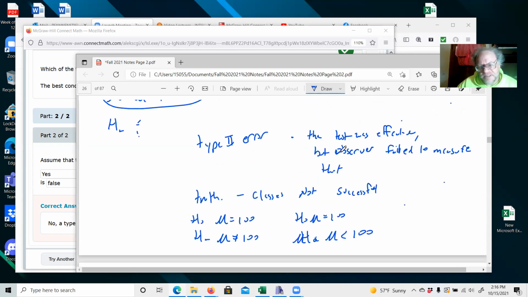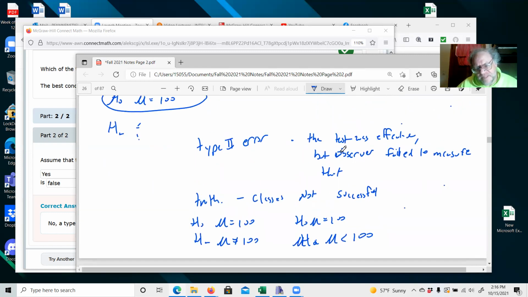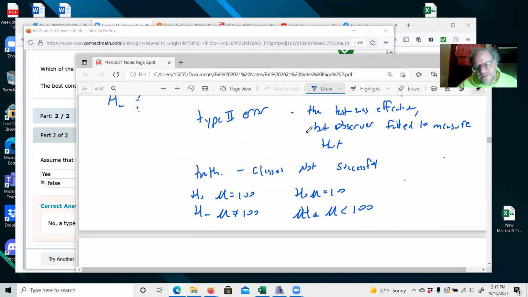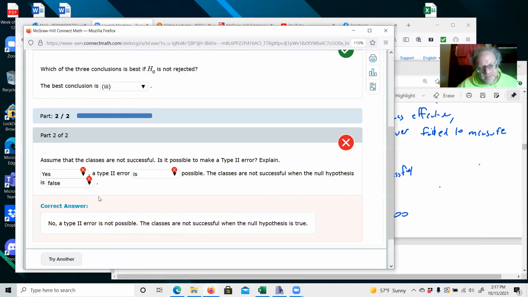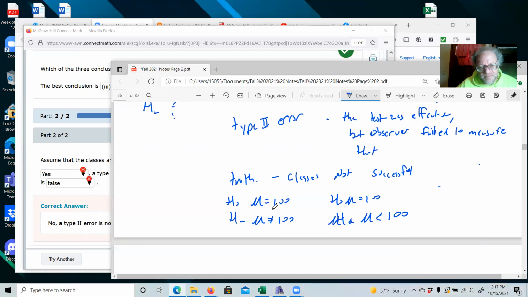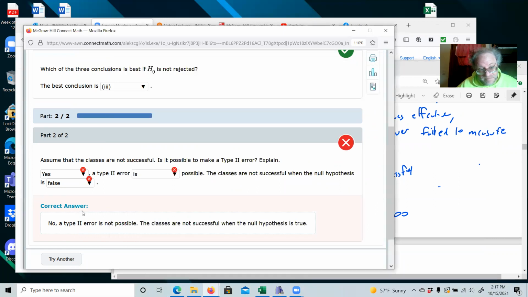So let's see here. Assume the classes were not successful. Is it possible to make a type 2 error? I still think it's always possible, but since we are looking at type 2 errors, we accidentally accepted something when it wasn't true.